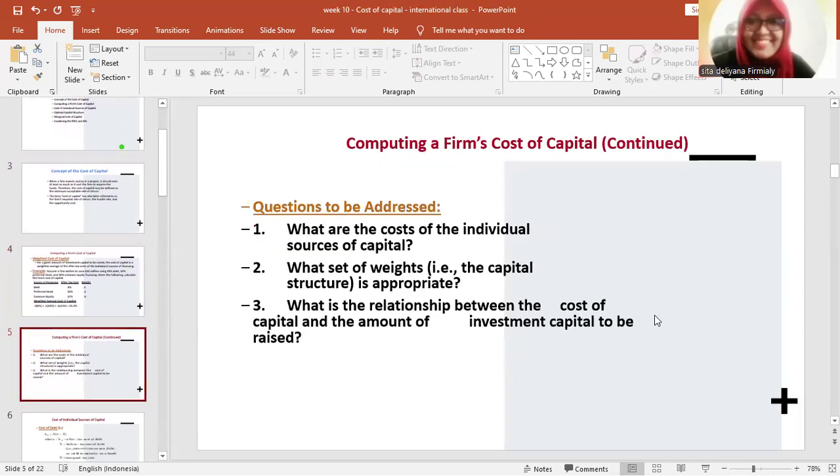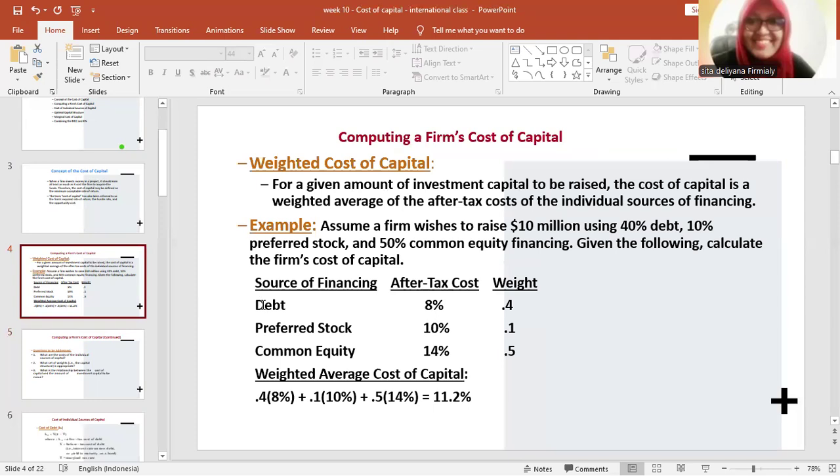Now, what are the costs of the individual sources of capital? This is the one I mentioned to you before. You can see from this example the debt, the preferred stock, and the common equity. These are the individual sources of cost of capital. It is not necessary for the company to have three types of financing.